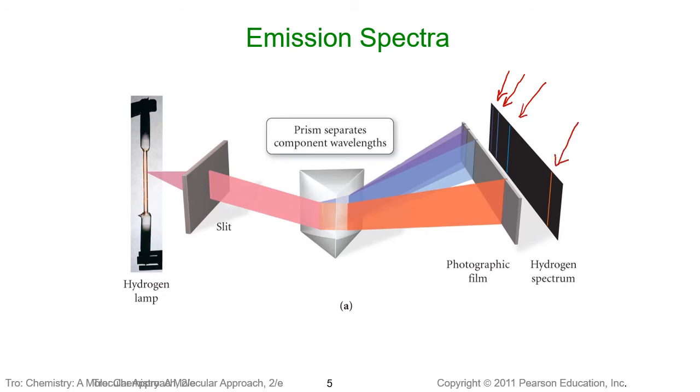So it's not the continuous spectrum that white light would give, but just a few wavelengths of light that are characteristic of a particular element. And this helps us to identify the type of element it is. This is part of how they identify elements in distant stars by looking at the emission spectra that we receive here on Earth.